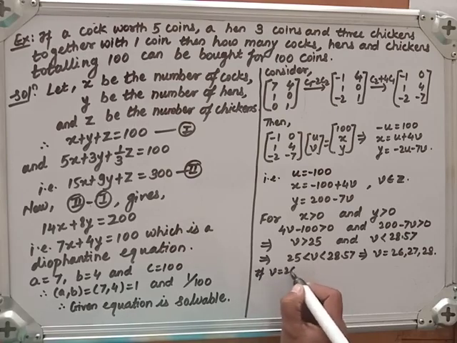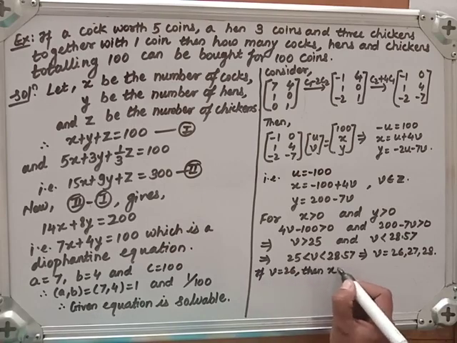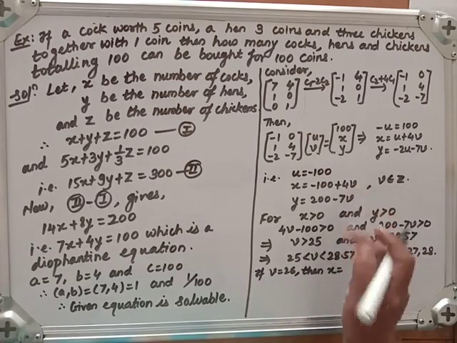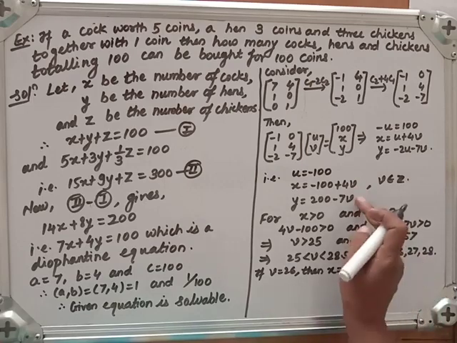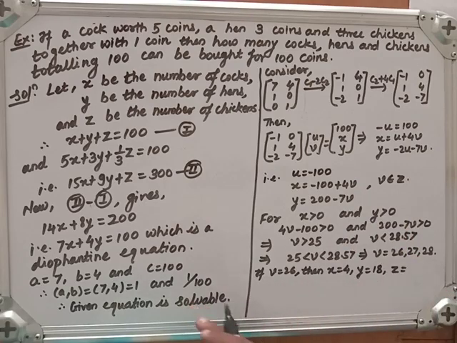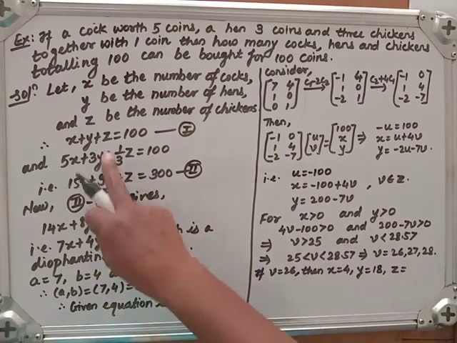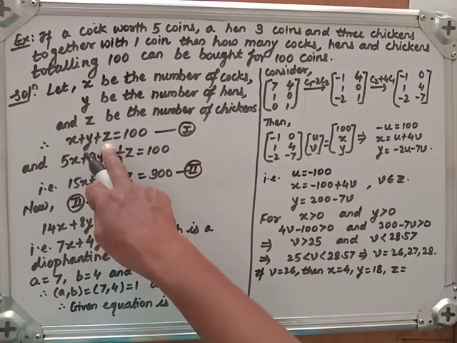So if v is 26, what is x? Then x equal to, put it here, it will be 4. Y, from y we get it is 18. And what about z? If we put them here, x plus y plus z will be there.